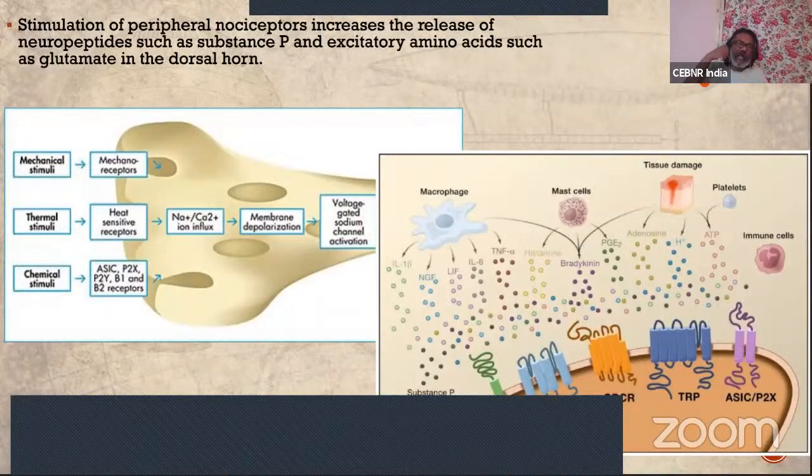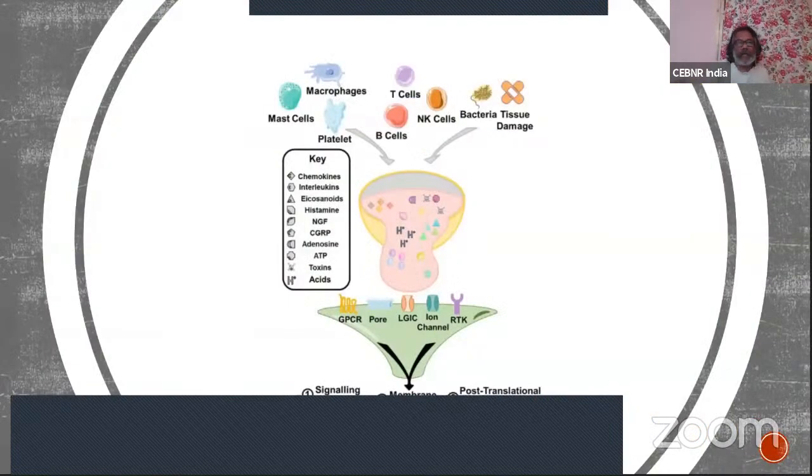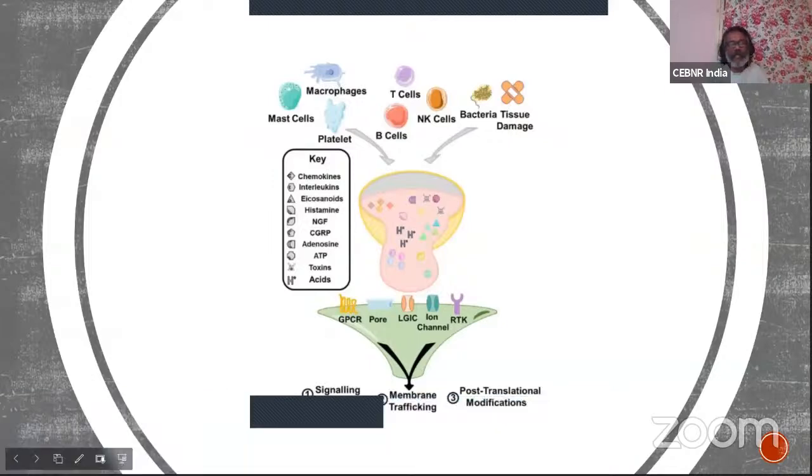Now, why is this much importance given to the chemicals in the periphery?